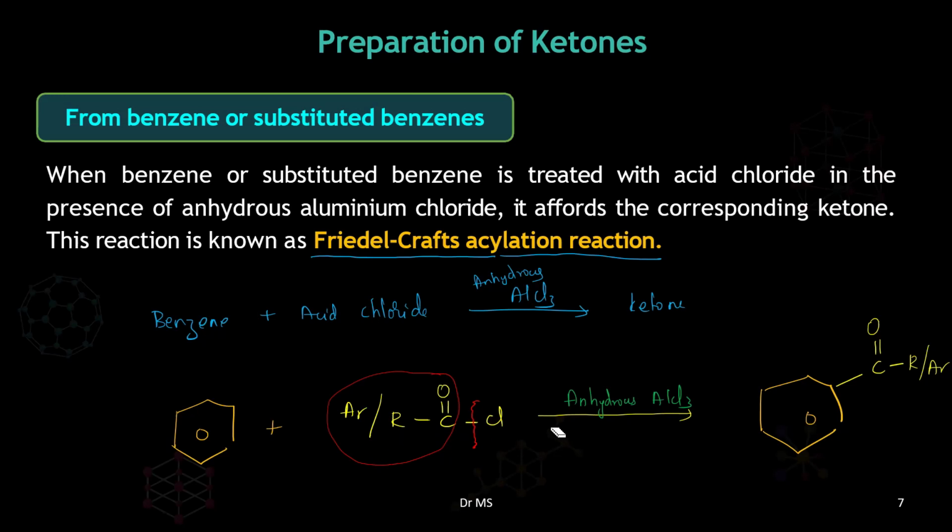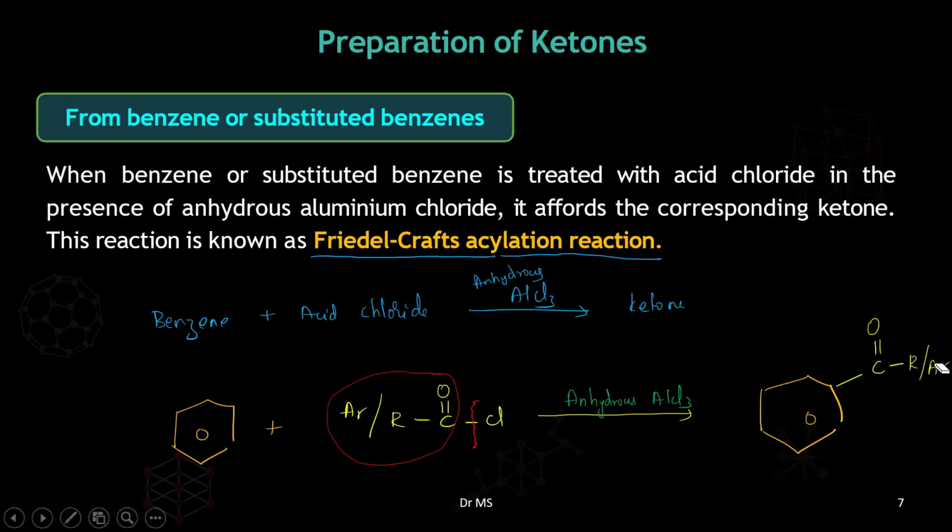Now electrophilic aromatic substitution will happen. This activated acylium ion will attack the benzene ring and follow electrophilic aromatic substitution. That will form a complex called the arenium ion. You don't need to remember that. Third, it will result in formation of the benzene ring with an aromatic ketone.